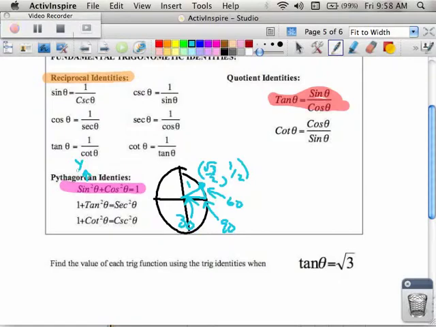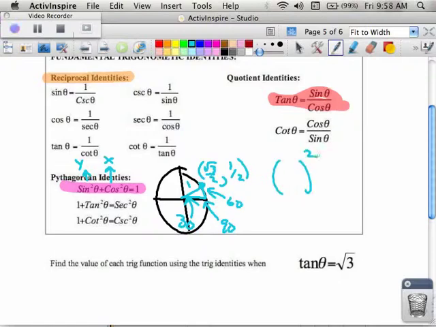If I look at what this is saying, we have to remember that the sine is talking about the y value, the cosine is talking about the x value. Really what this is saying is y squared plus x squared equals the radius squared. Pythagorean theorem: a squared plus b squared equals c squared. Look at the blue triangle. The horizontal distance, which is the cosine x, is root 3 over 2.